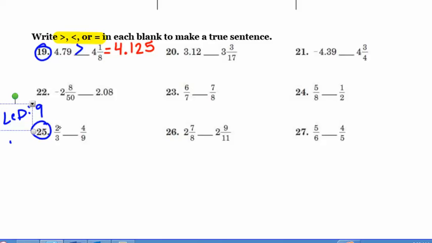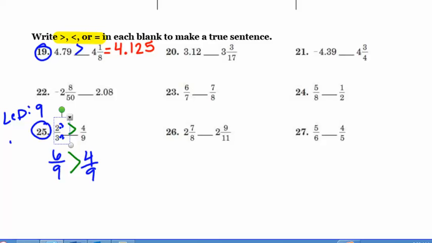I need to multiply 2/3 by 3 over 3, so that will become 6/9. Then we have 4/9. So when you have the same denominator, whichever numerator is larger is going to be the larger one. So since 6 is larger than 4, 6/9, or in essence 2/3, is larger than 4/9. That's a strategy you can use on those.